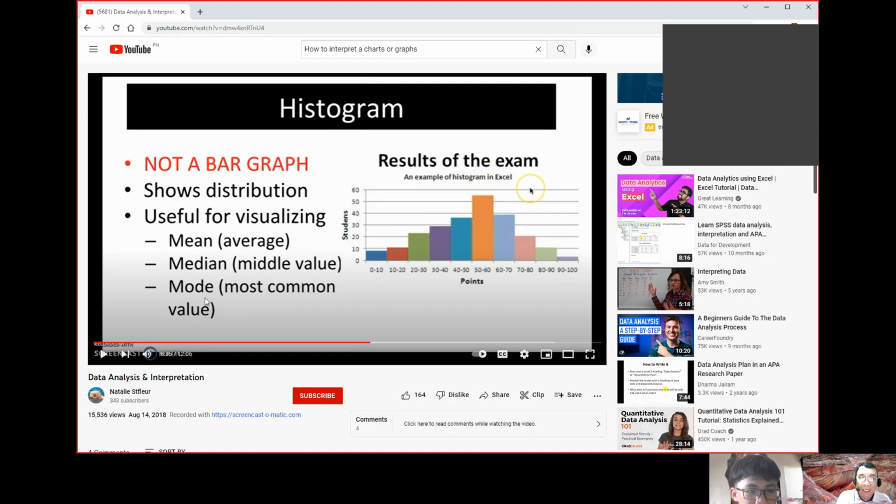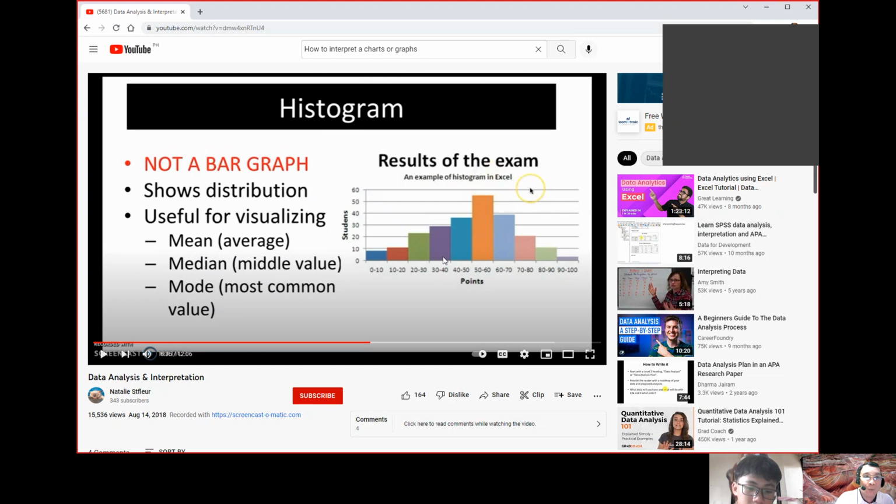Yeah. Okay. Actually, that's why this particular type of graph or chart is very useful for us to identify, for example, results of an exam. So we are going to use a histogram rather than a bar graph.